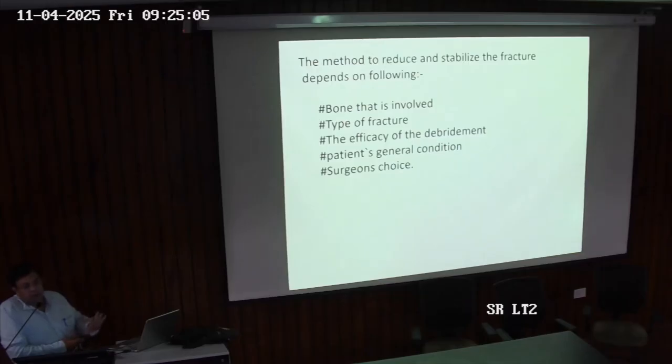If we immobilize the patient for a long time, what are the disadvantages?